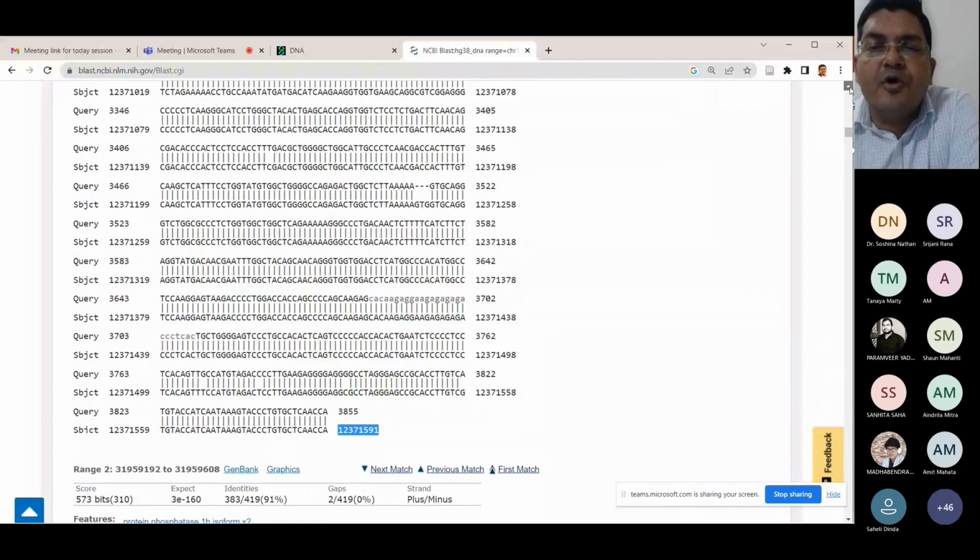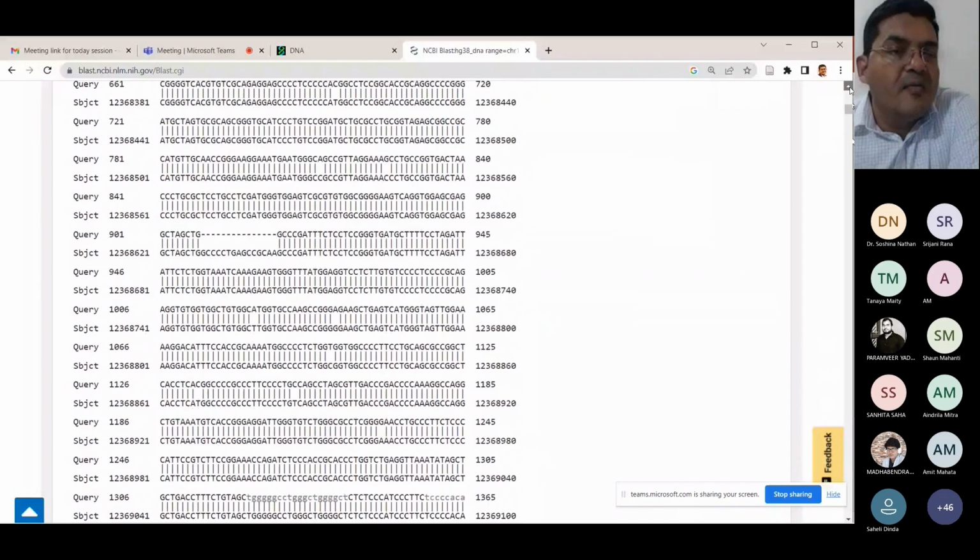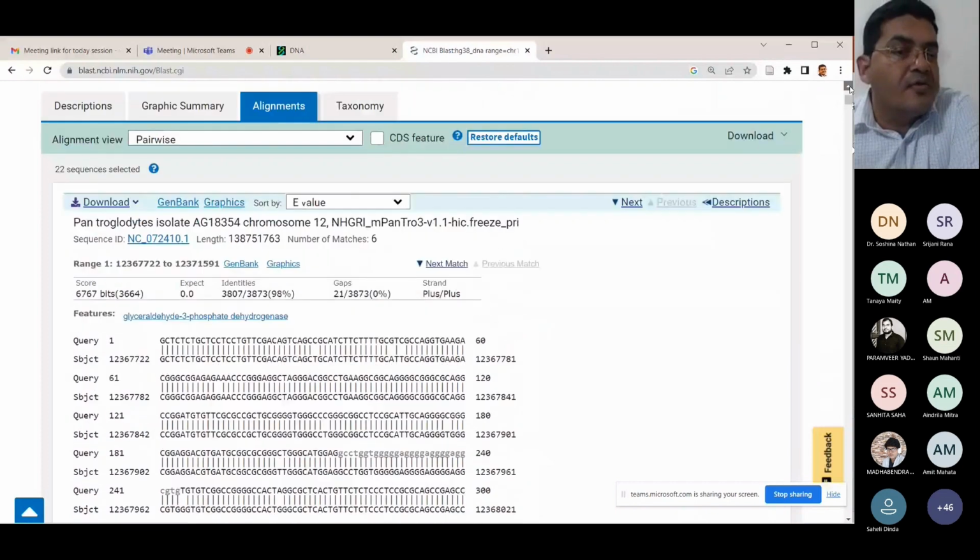This is also mentioned on the top. So I'm just showing you how the alignment looks. But let's get to the top. So this is 123677222 to 123711591 on chromosome 12 in chimpanzee, Pan troglodytes.